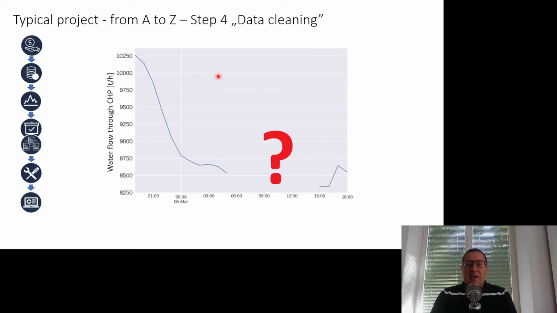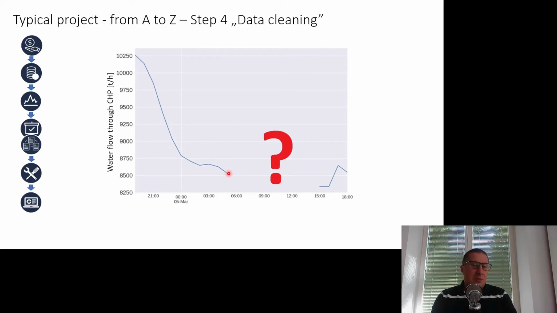This is, let's say, the water flow in one of the CHP plants, taken from a real-life project. We saw that here we don't know what the flow was. For 10 hours we didn't have the information about the flow, and this is quite a crucial parameter.